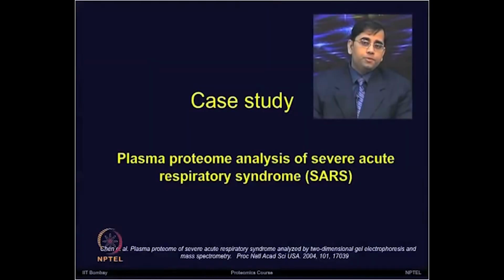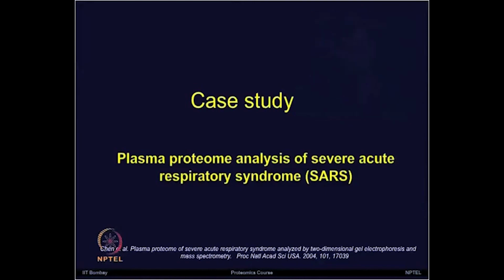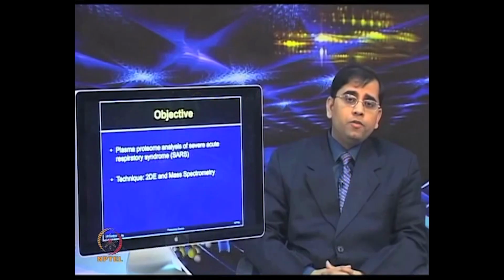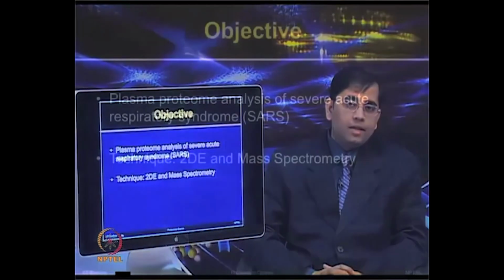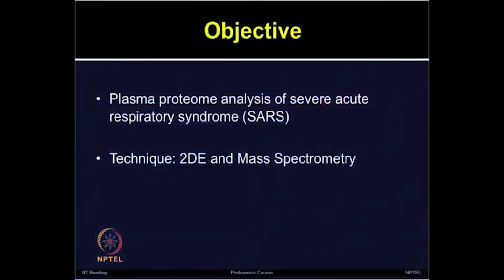Let us now move on to case study 2, plasma proteome analysis of severe acute respiratory syndrome, SARS, a study by Chen et al. in 2004. The purpose of the study was to perform a comprehensive plasma proteome analysis of severe acute respiratory syndrome and its comparison with healthy individuals.